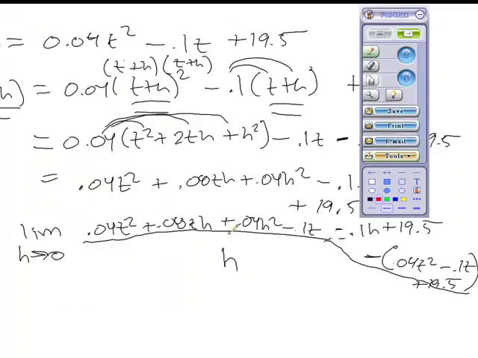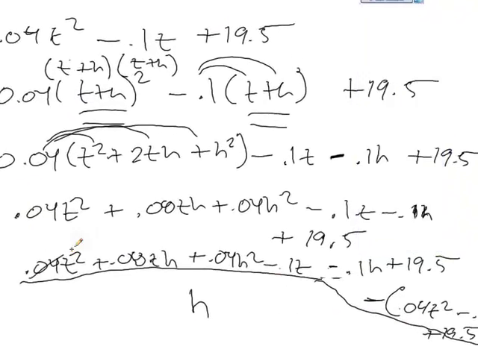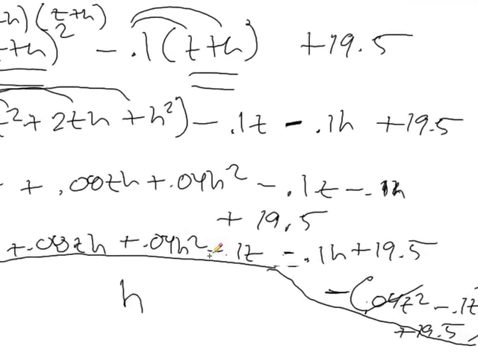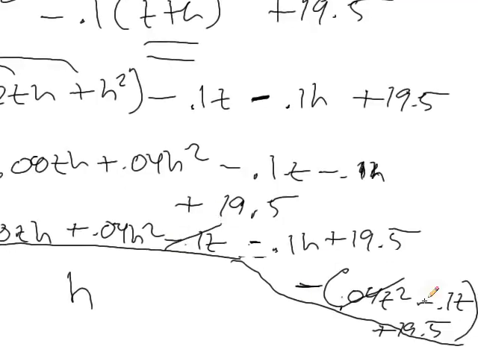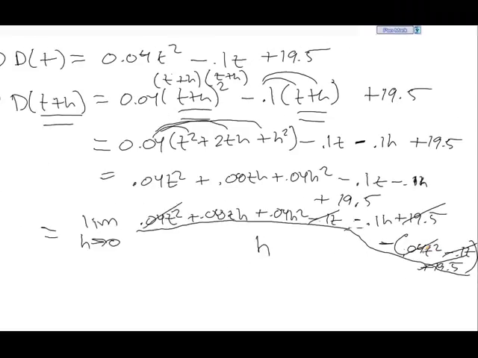Okay, so now I'm going to cancel the stuff out that I can. I have a positive 0.04t squared, and I'll have a negative 0.04t squared. I have negative 0.1t, and I'll have negative 0.1t. And then I have 19.5, and I'll have negative 19.5.